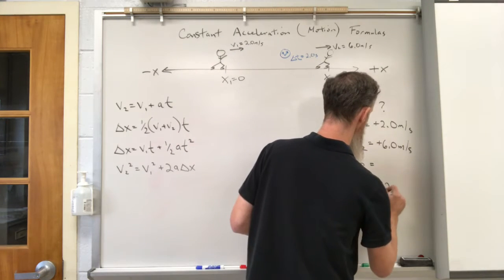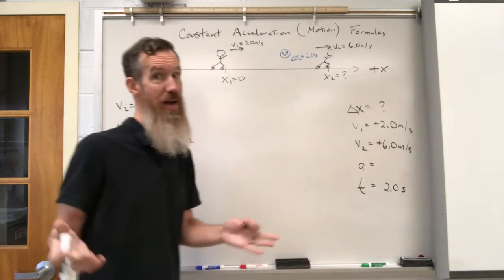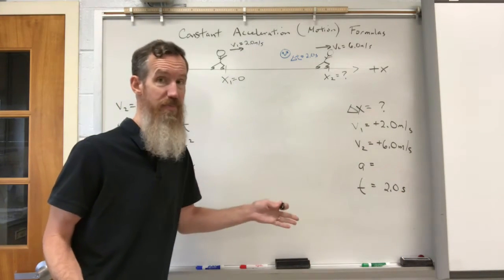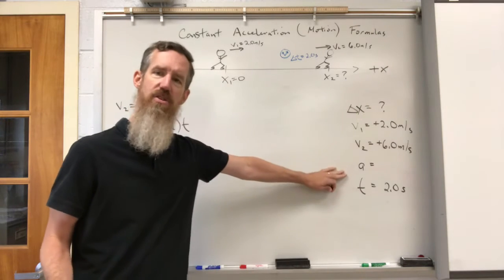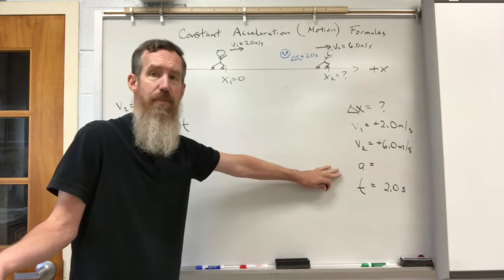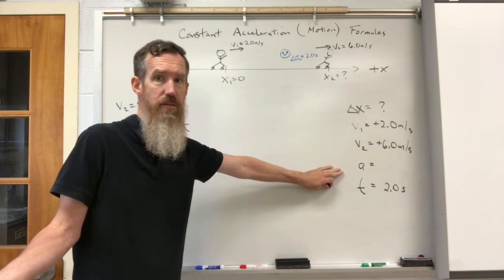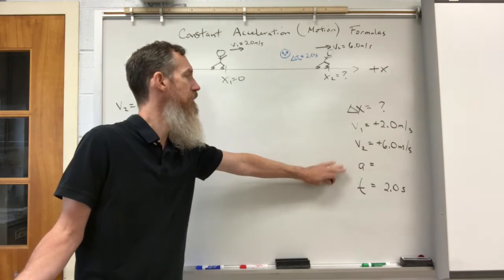The time is 2.0 seconds. I do not need to put a plus and minus on that. We can only move forward in time. And acceleration, I don't know, nor in some problems would you be asked for it. So I can leave it blank. Could I solve for it? Absolutely.